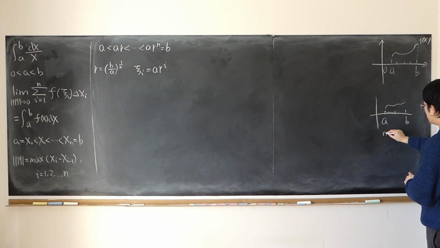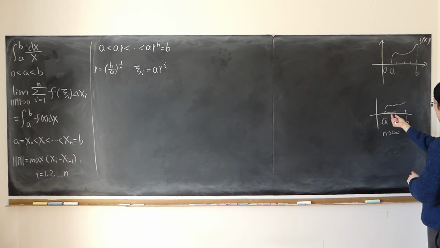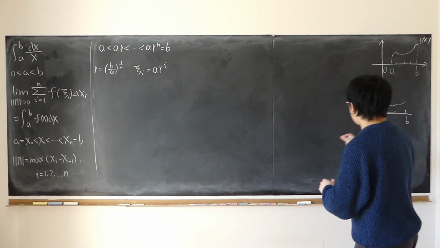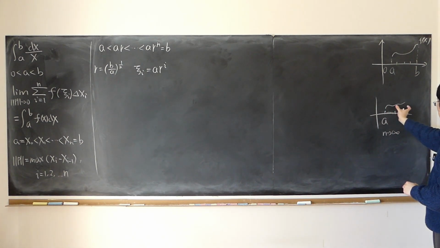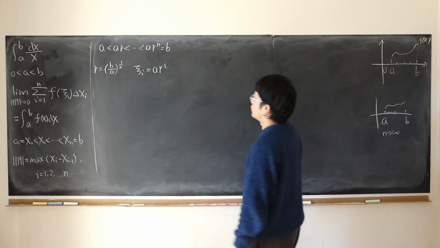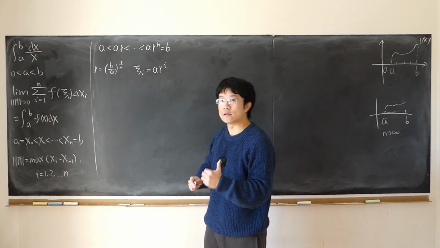As n approaches infinity, as I have more and more small intervals, does that mean my partition gets dense enough? No. The reason is that I'm holding the right-hand side interval fixed already; its length is always half of b minus a. So overall, my partition is not dense enough. So it's not always true, but in this case, I say it's true.